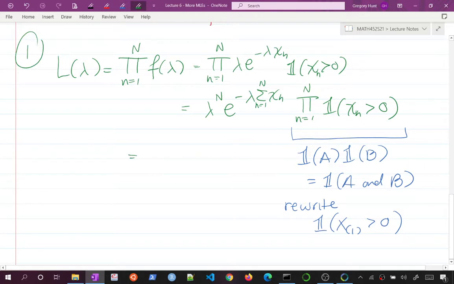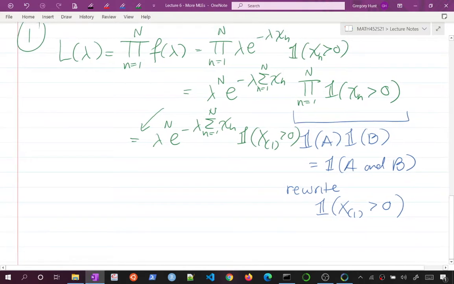So that's if and only if. So you could rewrite this thing as lambda to the n e to the negative lambda sum of the x sub n's, times the indicator that the minimum is bigger than 0. That trick will come in handy more so in the next one.